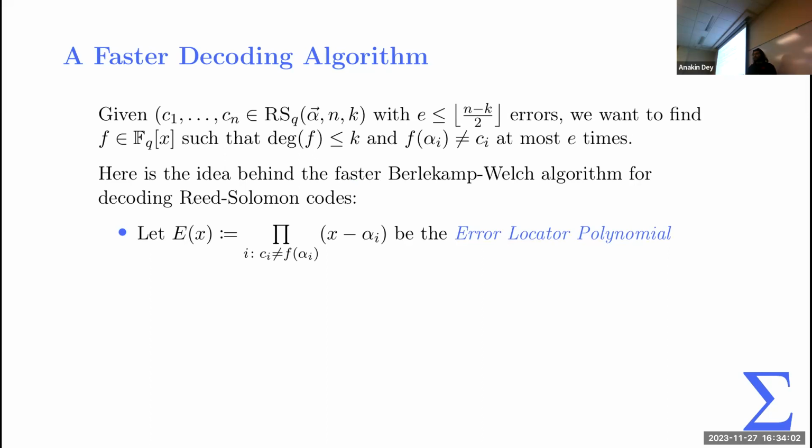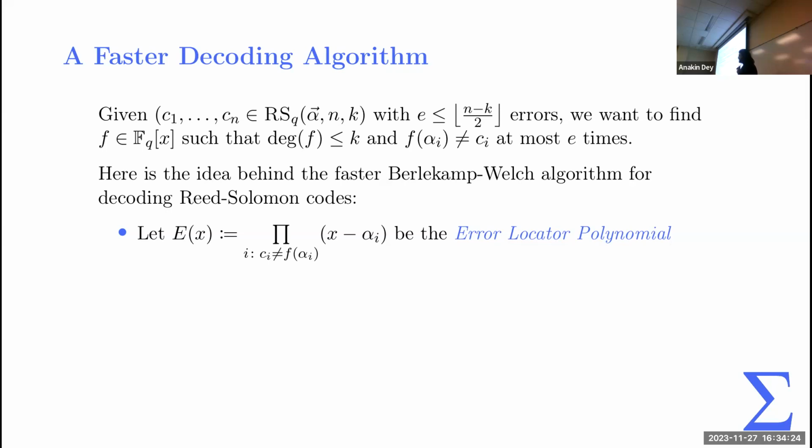And then here's the idea. Let E of x be this magic error locating polynomial, which I'm going to define as the product of x minus alpha i over all i where c sub i is not equal to f of alpha i.